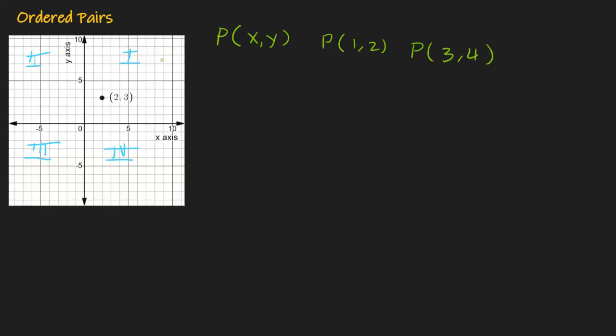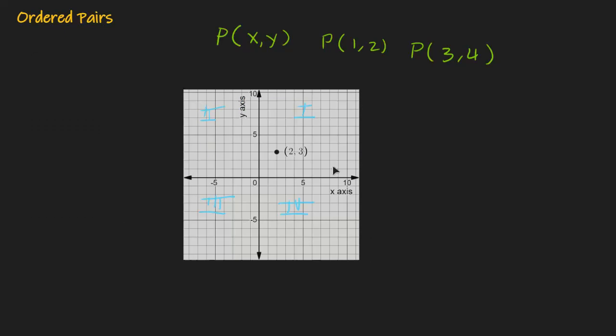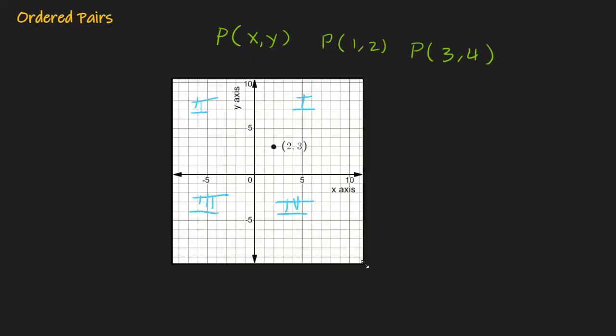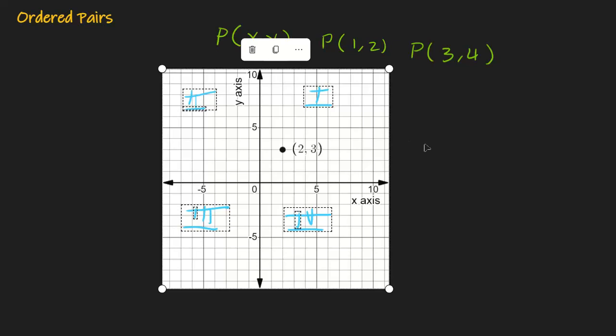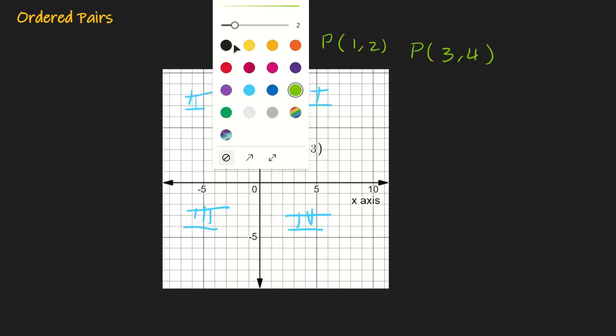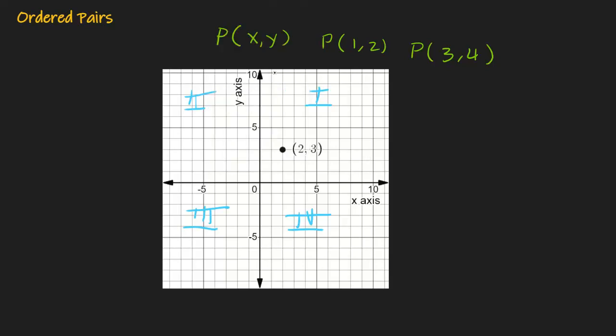Then we can see what that looks like. Let me expand this a little so that we can plot these respectively. Okay, so where is 1, 2 going to be? It's going to be right there, so we'll just notate that.